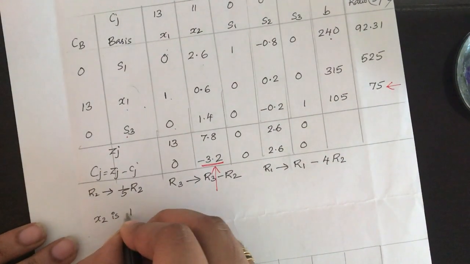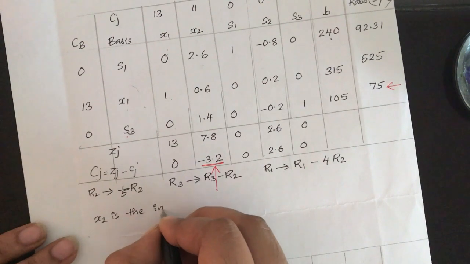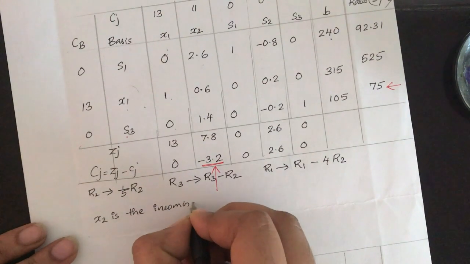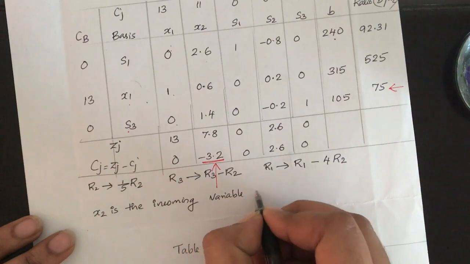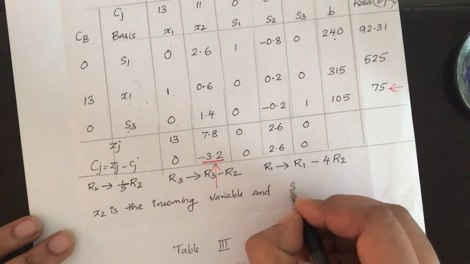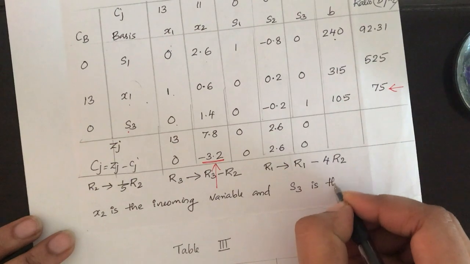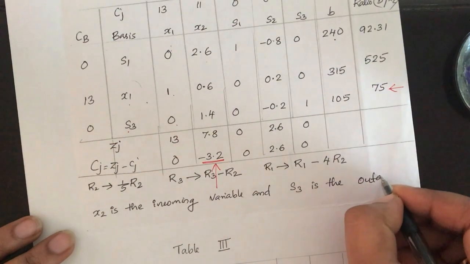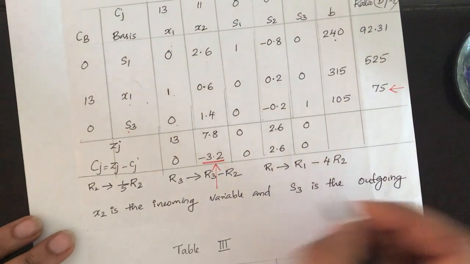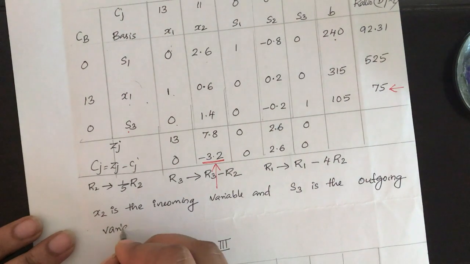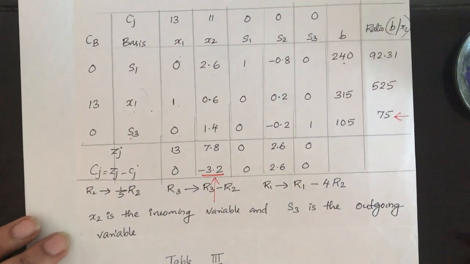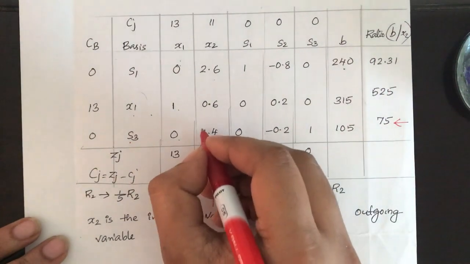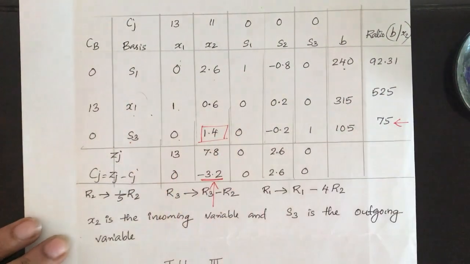X2 is the incoming variable, and S3 is the outgoing variable. Which is our key element? The element which is in both the key column and key row, that is this 1.4 is the key element.